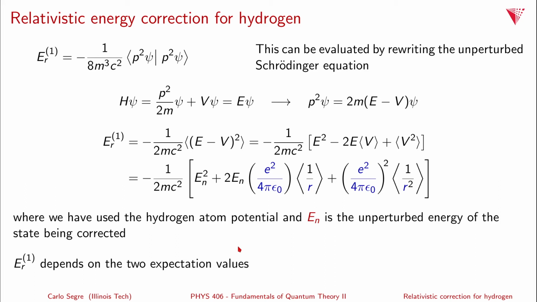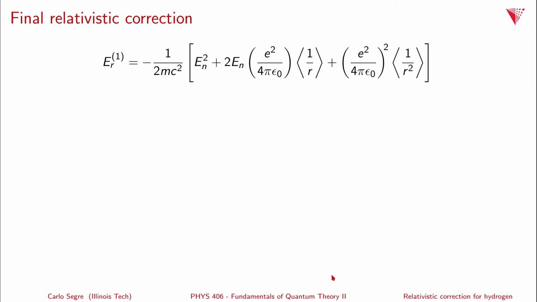So the first order relativistic correction to the energy depends on two expectation values: the expectation value of 1 over r and the expectation value of 1 over r squared. So this is our expression for the relativistic correction.